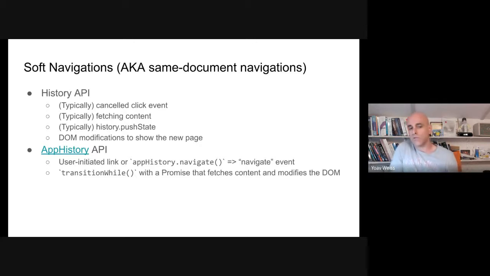And then the transition, the DOM modifications part, as well as the fetching, happens as part of a transition while method that is on the navigate event itself. The developer passes that transition while call a promise. That promise typically has calls to fetch the content and modify the DOM to present the new page to the user. And when the promise is resolved, that's when the transition is done and the new same document navigation is committed.